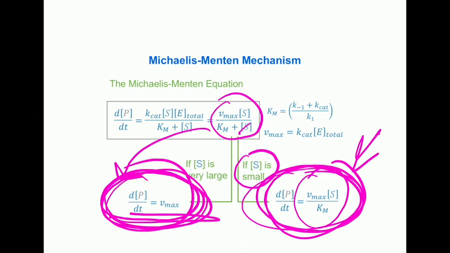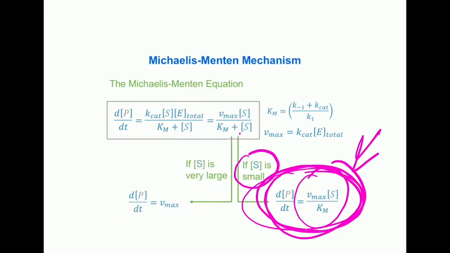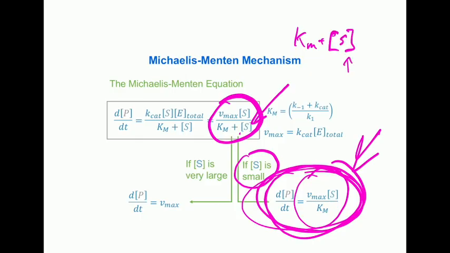Oh, okay, sorry. Let me do it here. So this is your fundamental equation, right? If S is very, very large, the denominator, which is normally Km plus S, I'm saying if S is huge, it is so much larger than Km that I can simplify this denominator.